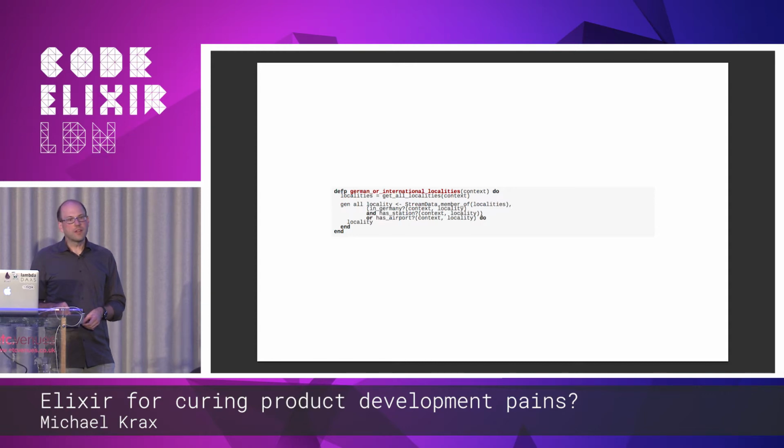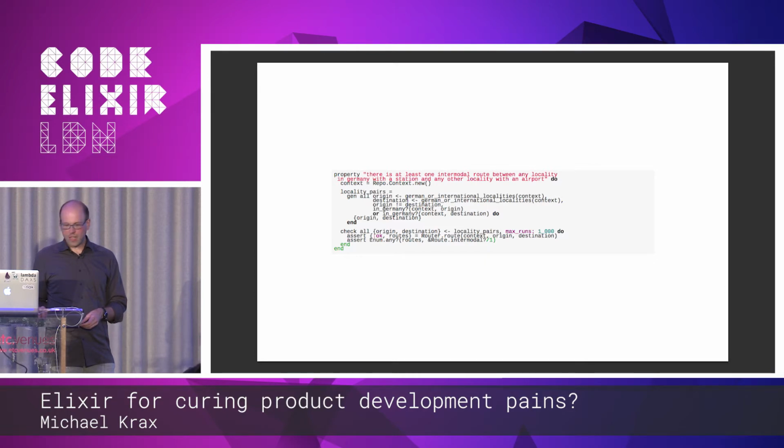Then return the locality. So, to quote Joey, I hope I'm not misphrasing him, test the properties that matter to us. And this thing here really matters to us. This is our core mission, to make that happen. We could test that.